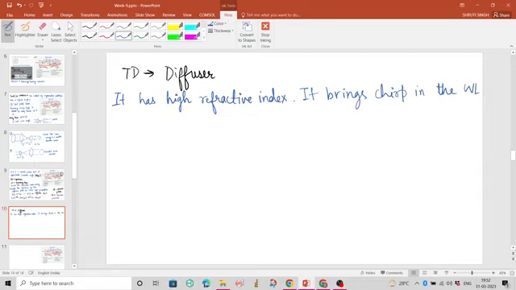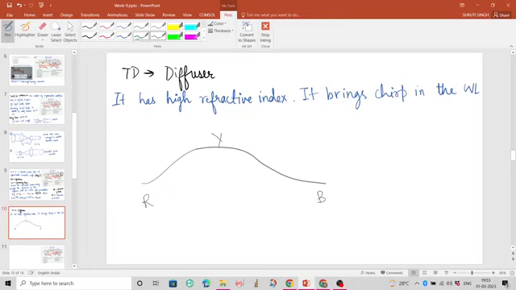Earlier we had talked about how to reduce chirp from the pulse, but here we are manually adding chirp in the pulse. Why? Because here chirp is a good thing. Suppose this is white light, here this part is the red part, it is traveling faster, and here is the blue part which is lagging behind. In between we will have yellow and orange.